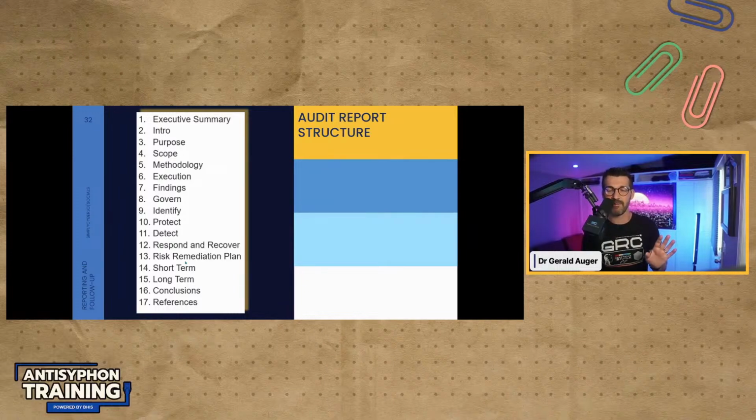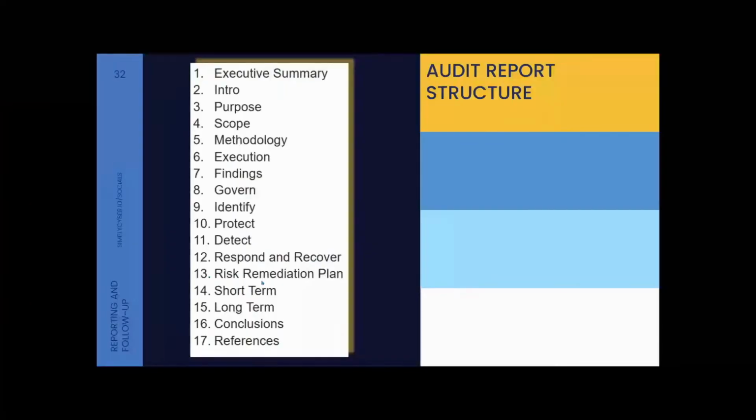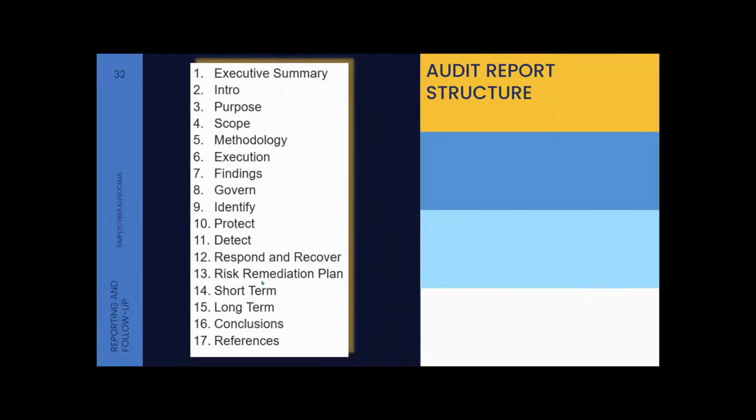I'm being silly, but seriously, you should have all these things. Again, this report should be able to stand on its own. Someone should be able to pick it up 6 months from today and understand what happened. Right?